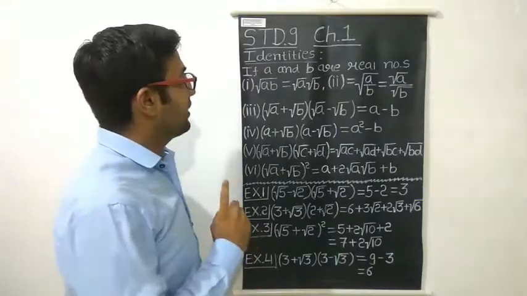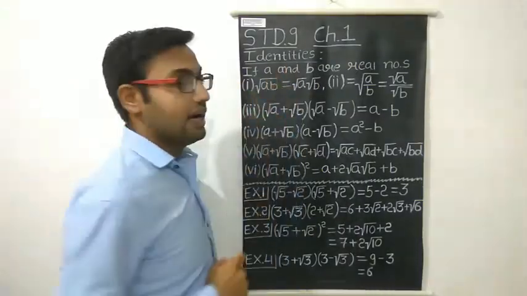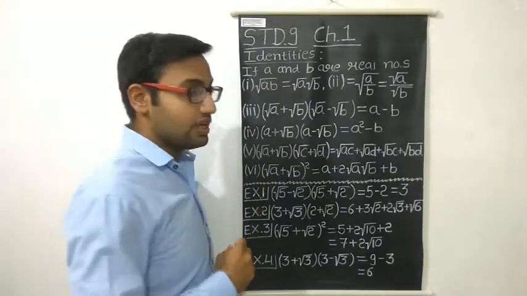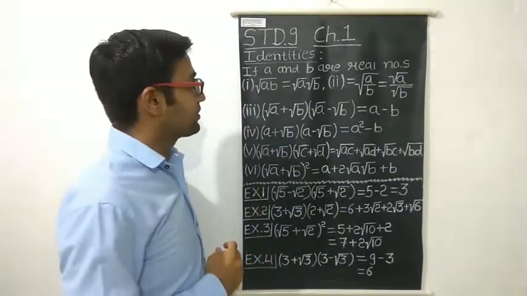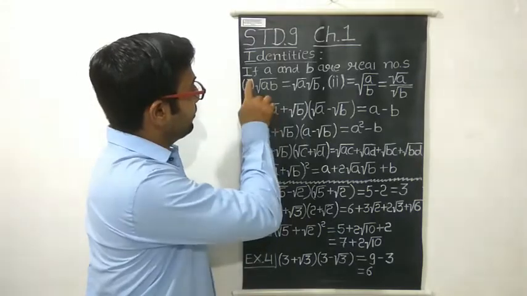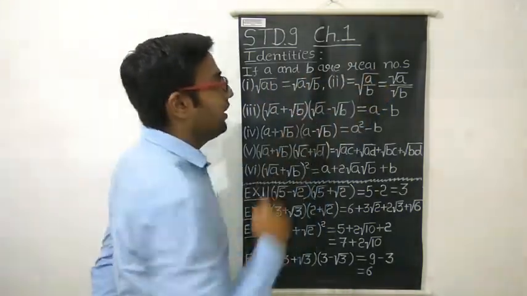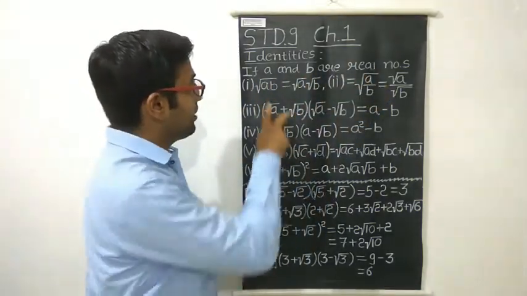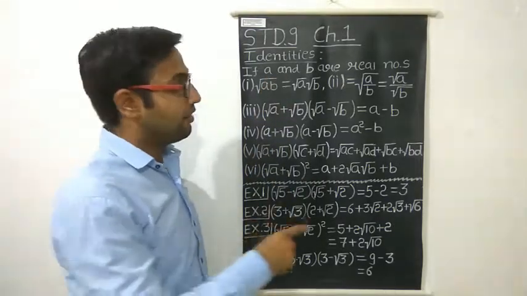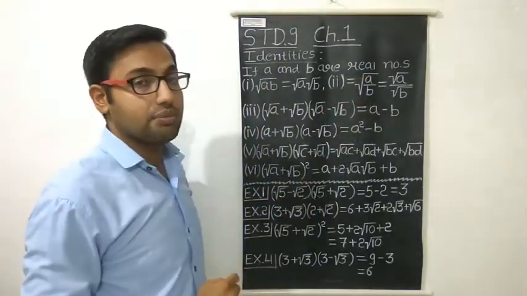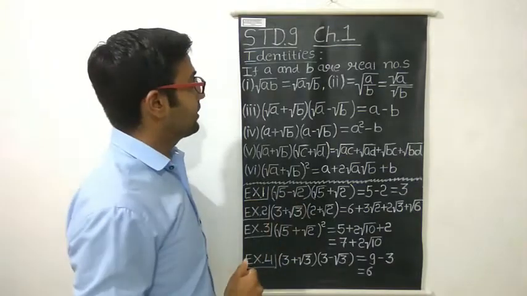So now let us study some of the identities related to the operations on real numbers, right? If A and B are real numbers, here we have taken two numbers A and B, and they are real numbers. They may be rational or irrational numbers.